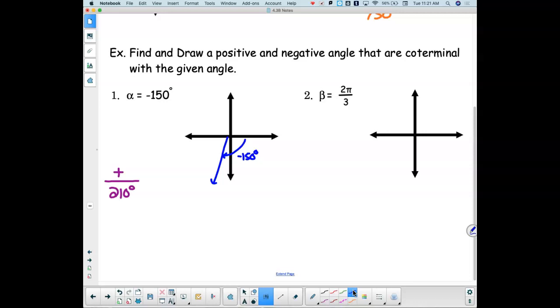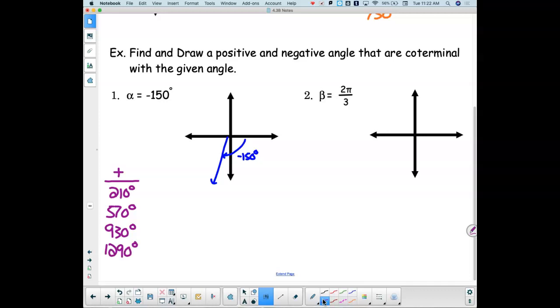What else would we have? 210 plus 360, 570, 930, 1290.